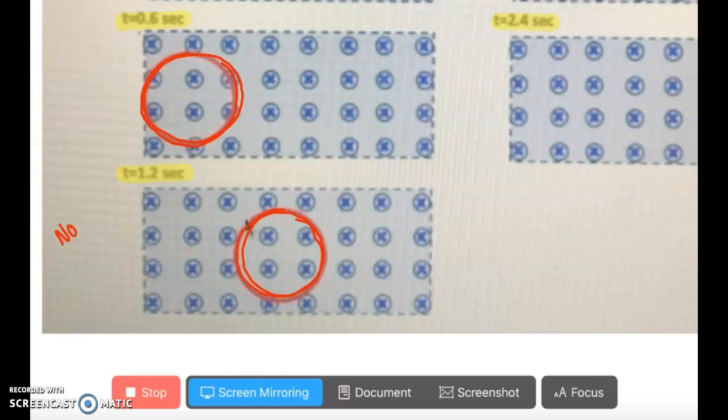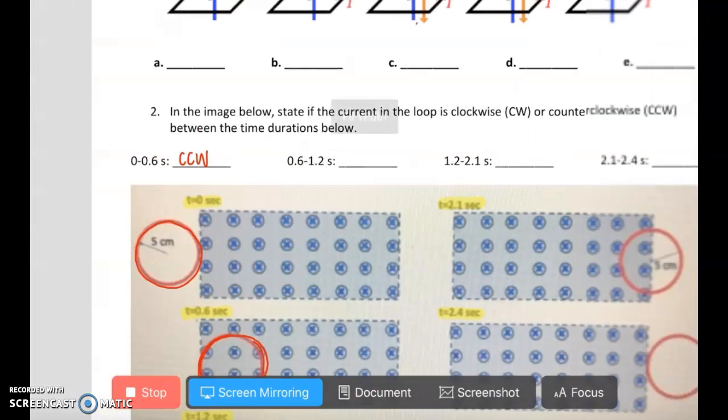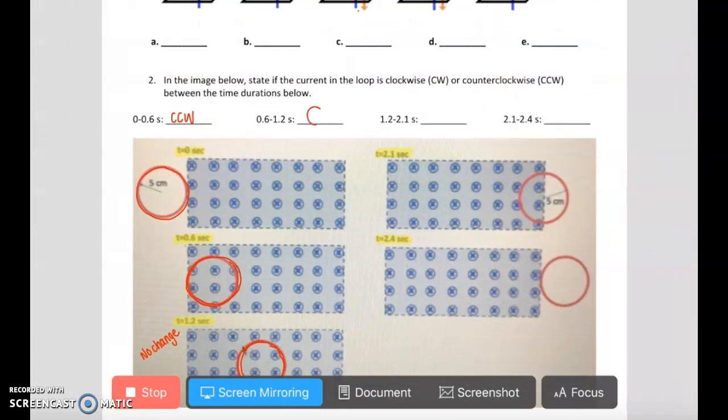There has been no change. There's no change in the amount of magnetic field that I'm feeling. Because there's no change, I'm nice and happy. I don't need to induce a current in order to create a magnetic field to compensate for anything. There's nothing to compensate for. So this loop would experience no current. It's not clockwise, it's not counterclockwise. There would be no induced current.